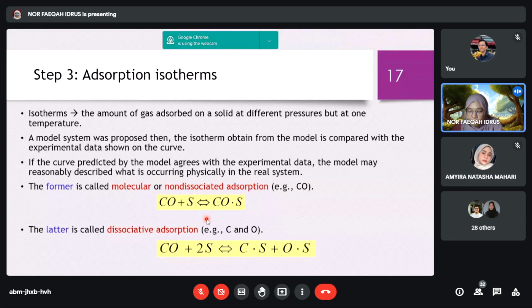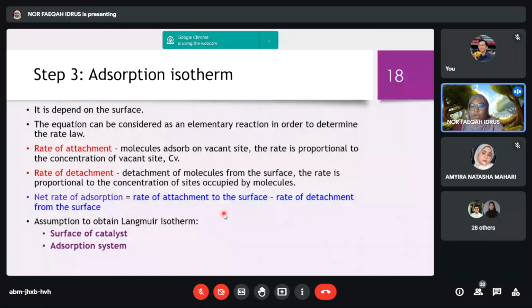Of course, it's similar to how to write the reversible reaction rate law equation. You have already learned it in your CHE502 and also during your first year, I think in the chemistry subject. So you already learned about it.